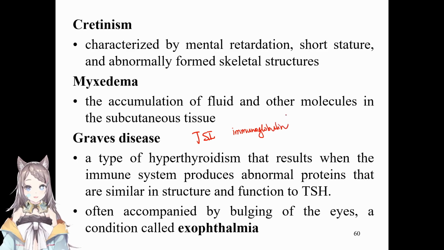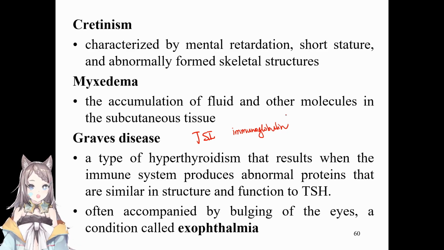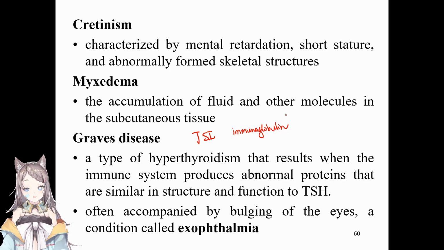So it is not actually a thyroid hormone. It's an immunoglobulin. However, it is shaped closely enough that it can bind to TSH receptors. And if you have something that binds to TSH receptors, this will cause release of T3 and T4. Okay, it may often be accompanied by bulging of the eyes, a condition called exophthalmia.